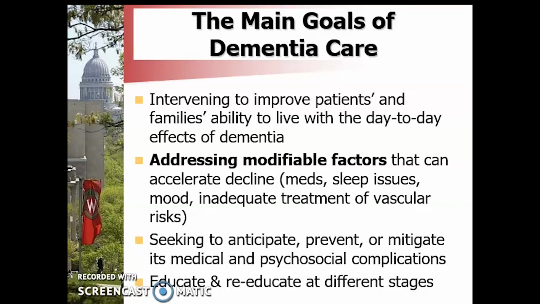Besides discussing and addressing modifiable factors, it's important to start the process of coordinating care that will prevent some of the potential medical and psychosocial complications. And all along the way, educating patients and families, and even re-educating them at different stages of the illness.